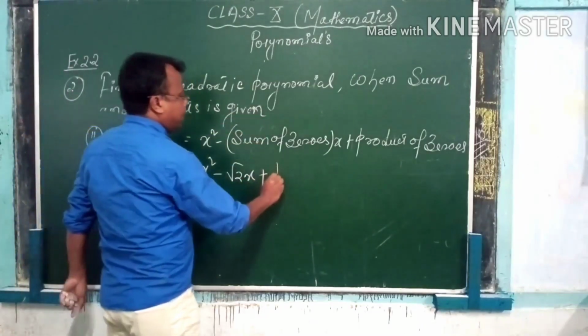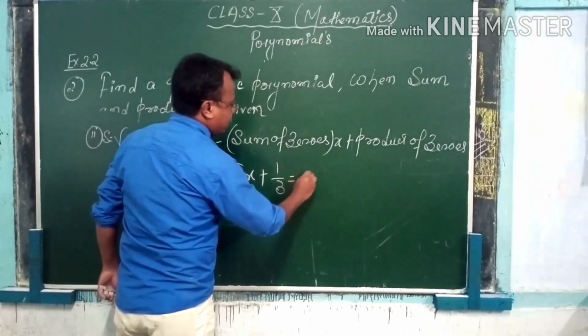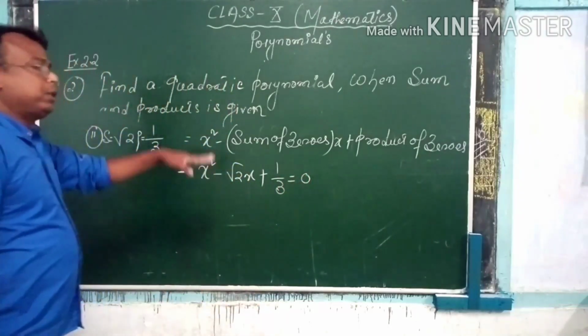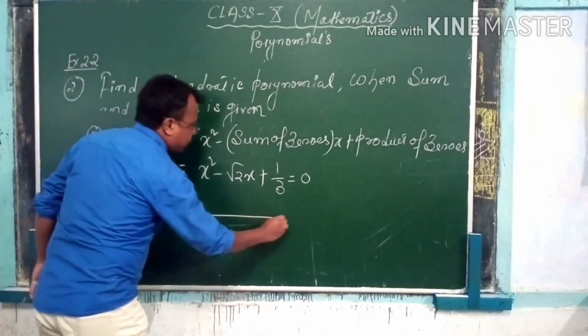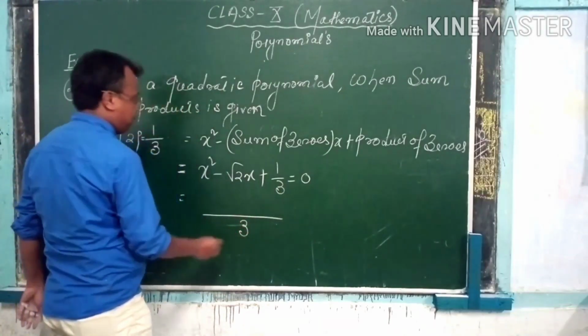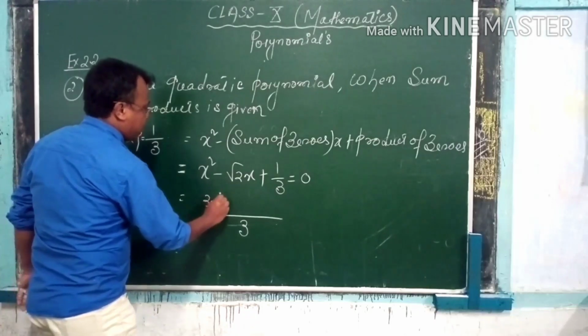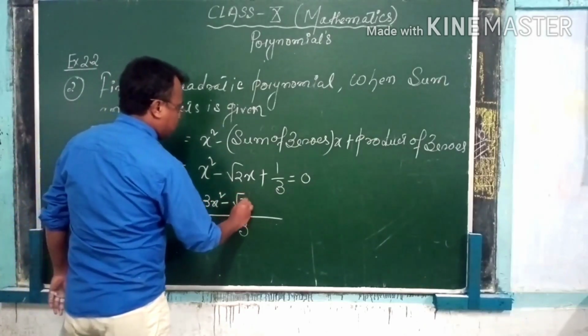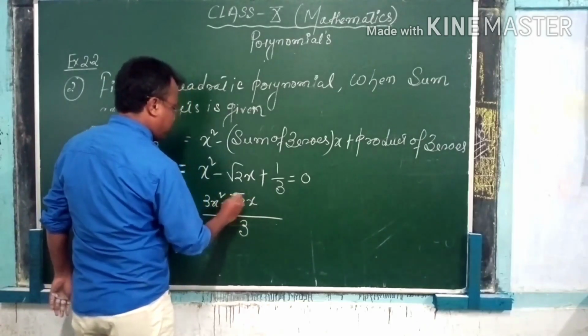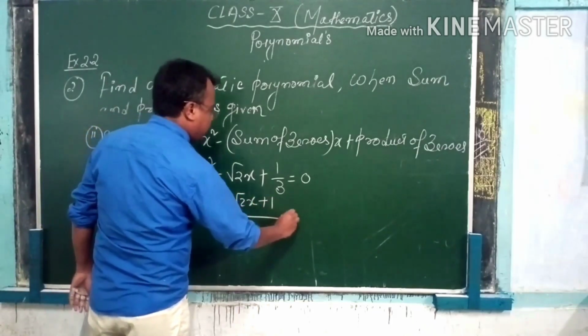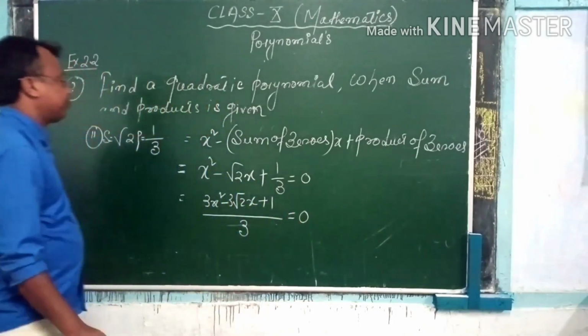This is 1 by 3. So you make it an equation first, it will be easy for you. Make the equation first, after that do this. So remove this 3 from here, so 3x square minus 3 root 2x plus 1 is equal to 0.